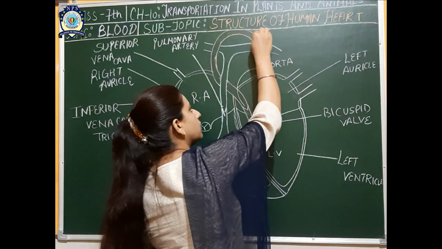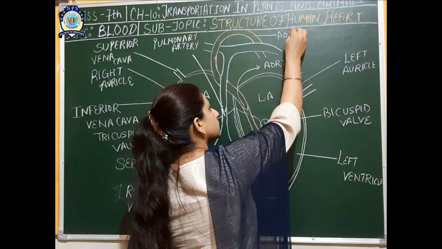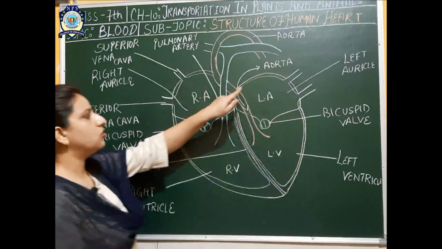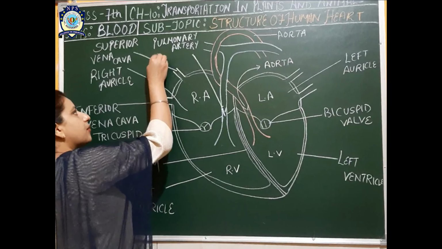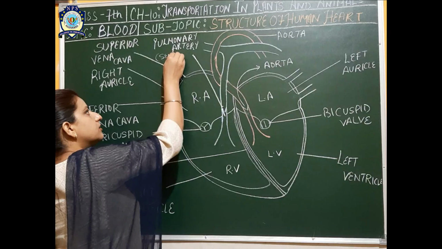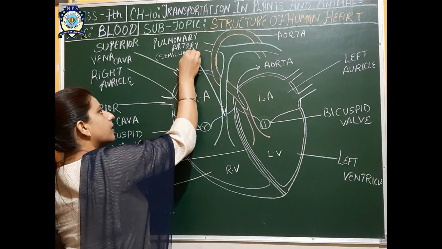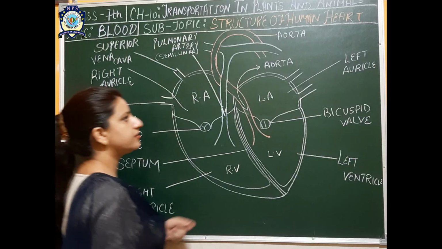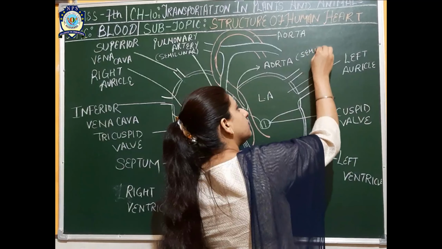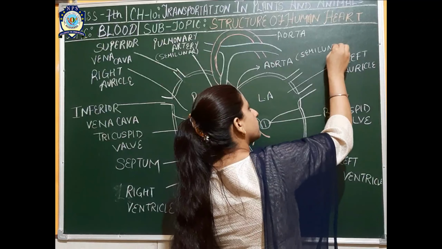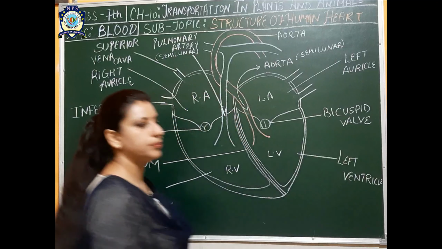So this is aorta. This pulmonary artery is also having what? Semilunar valve, and this aorta is also having a semilunar valve to check the backflow of the blood.